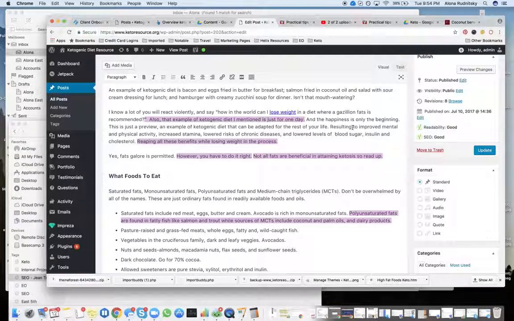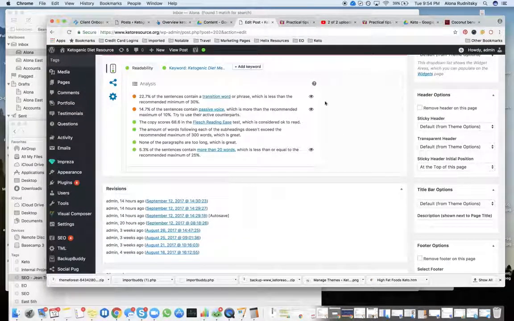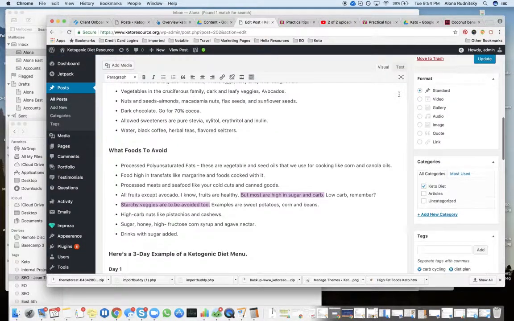As a result, it will improve mental health. Okay, so now we're at 22%. Moving slowly.